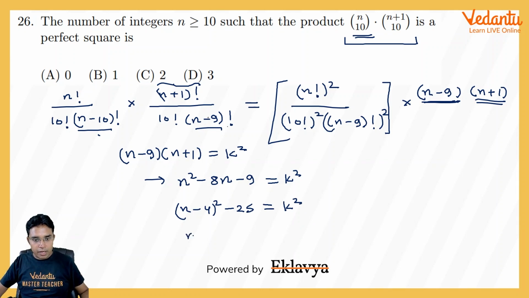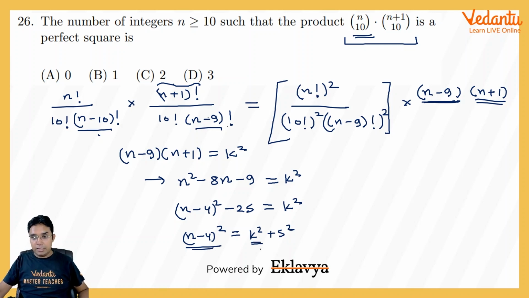So what we are getting, we can write it in two ways: (n minus 4) square is equal to k square plus 5 square, and all these are integers. n minus 4 is an integer, k is an integer, 5 is an integer. So k and 5 should be a Pythagorean triplet, and if they are a Pythagorean triplet with 5, I think k should be equal to 12 and n minus 4 should be equal to 13. So n will become 17.